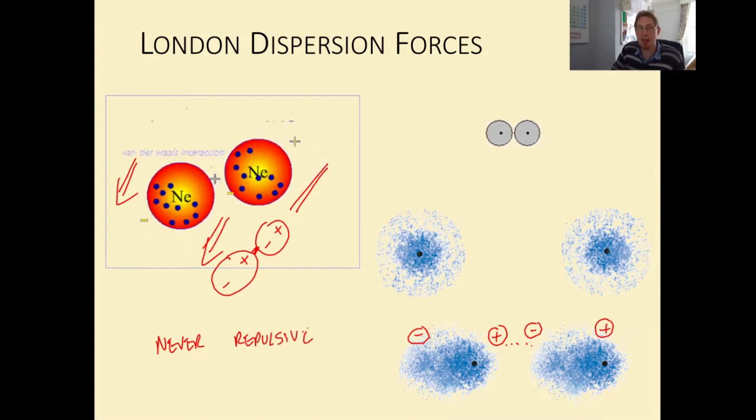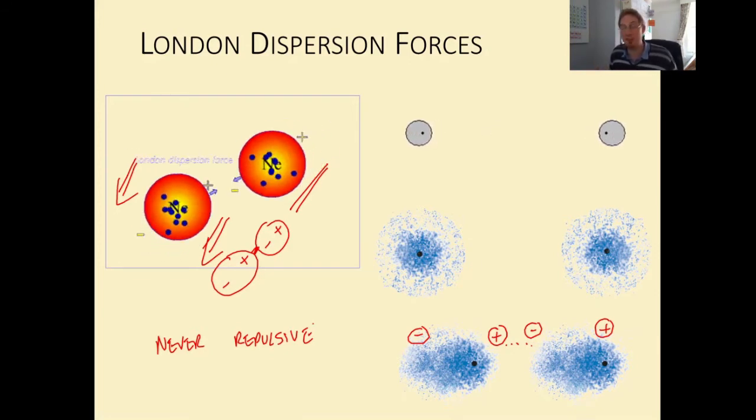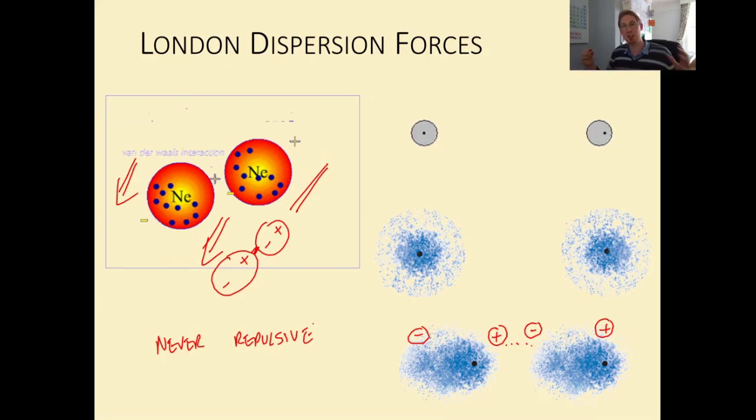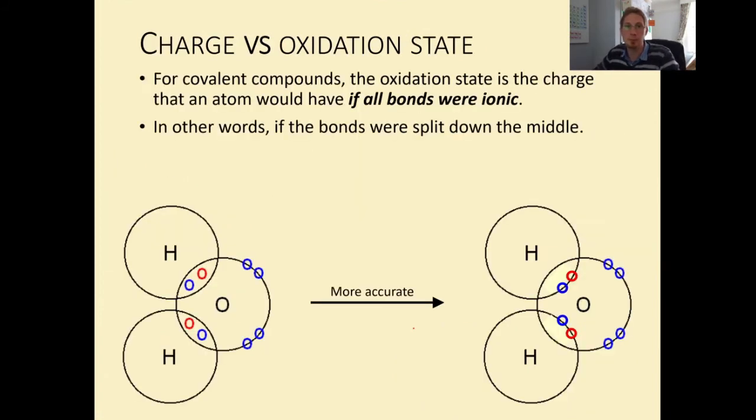They can only ever attract, and everything has them. All atoms, everything with electrons has these London dispersion forces. It's just that the larger the molecules, the larger the number of electrons, and therefore the stronger these forces can be. Hence iodine, if we go back here, has much higher melting and boiling points than something small like fluorine.